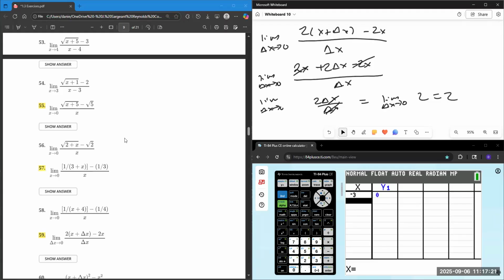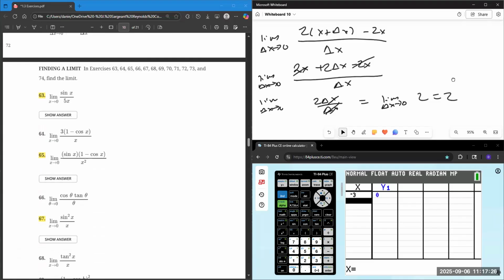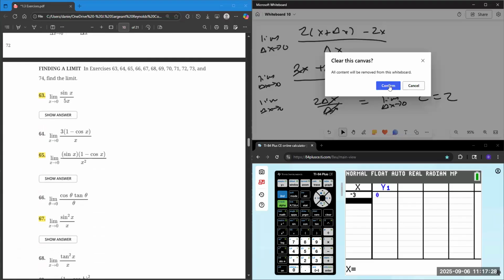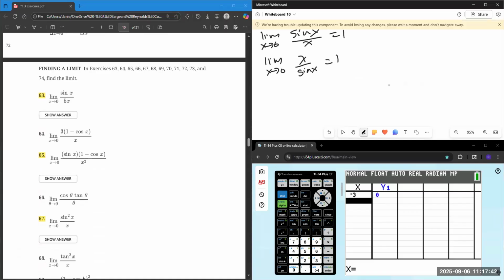Let's look now at number 63. And we're going to start using our special trig limits here. So remember that the limit as x goes to 0 of sine x over x is equal to 1. Likewise, the limit as x goes to 0 of x over sine x will also be 1.